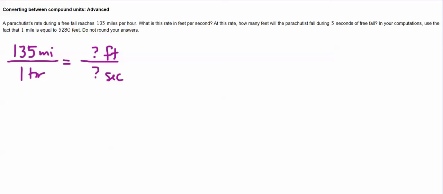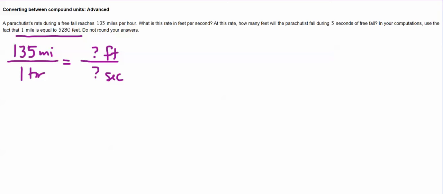Follow-up question, at this rate, how many feet will the parachutist fall during a 5-second free fall? In your computations, use the fact that 1 mile is equal to 5,280 feet. Don't round your answers. The unit conversion 1 mile is equal to 5,280 feet will be helpful in our distance conversions, which can also be found on your formula sheet.